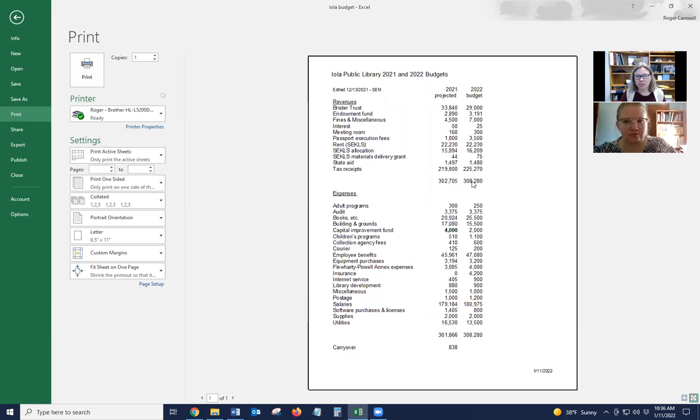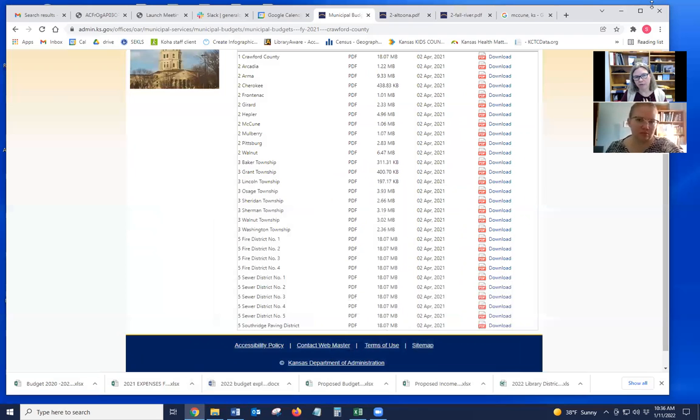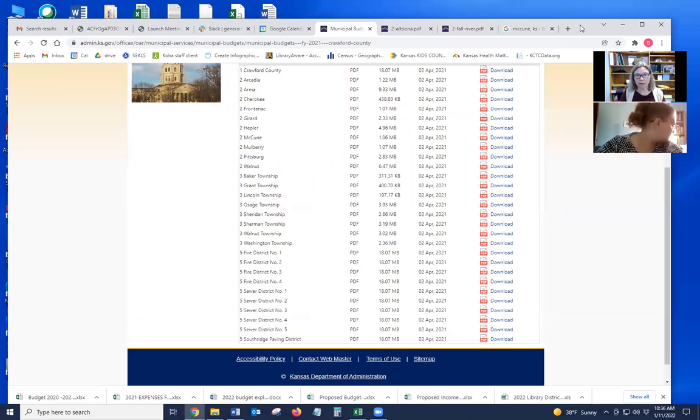And so this was really hard for me when I was a new director to understand that this was more information than what they wanted to know. What they wanted to know was just how much tax they needed to levy on our behalf. That is what the municipality does. The library board tells them how much tax money they need for the budget, and then it's their responsibility to raise those funds.